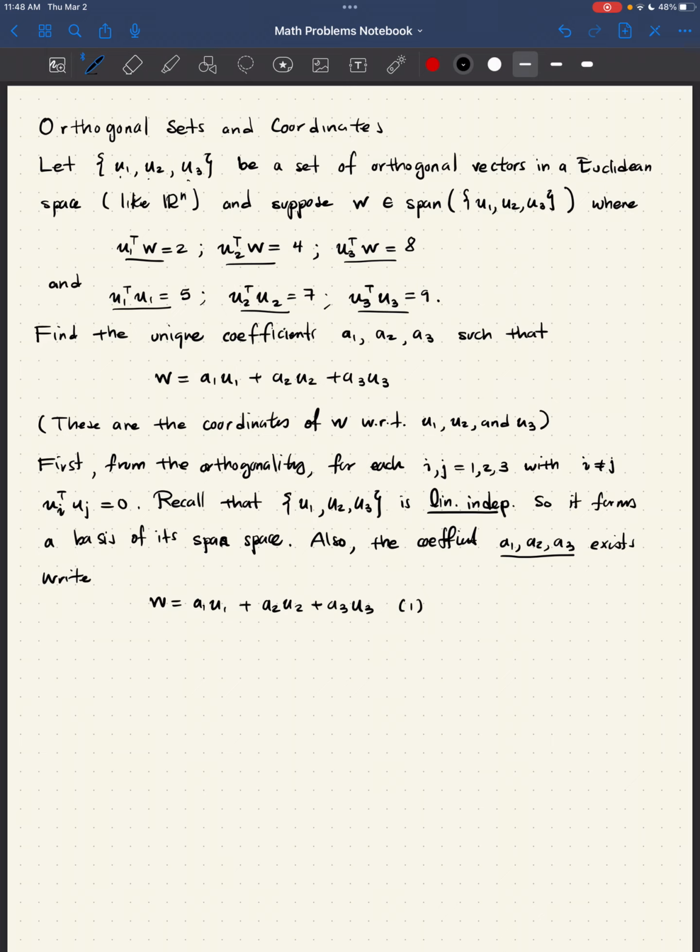Now we're going to do one thing. We're going to multiply this equation on the left by the transpose of u1. Why? Because it seems like we have to use the information that is available for us. So let's do that.